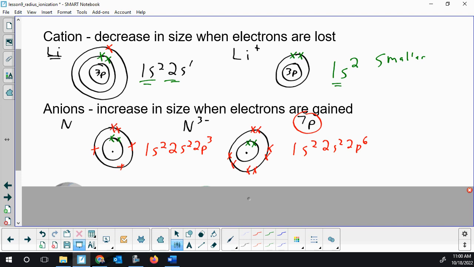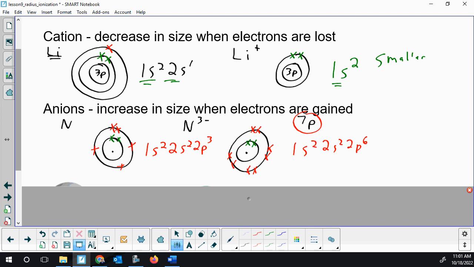So we have an energy level before. We pump 3 more electrons in it, which is more electrons to the same positive, and it's just going to repel each other a little bit more. So when you pump more electrons in, it's going to expand as they repel each other. Okay. More electrons, more negatives in the same space.